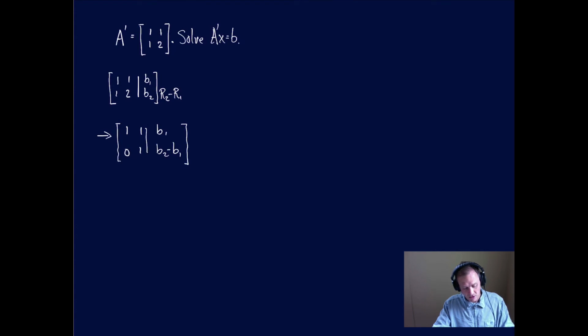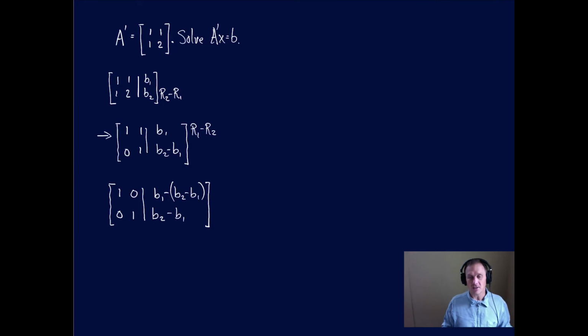And now to get to our reduced row echelon form, I would need to take row 1 and subtract row 2. So my first row changes. Now I have 1, 0, B1 minus (B2 minus B1), then 0, 1, and B2 minus B1. Whoa, look at this.